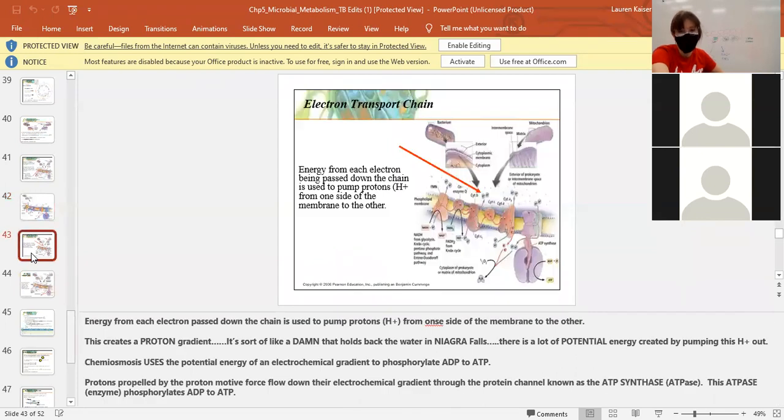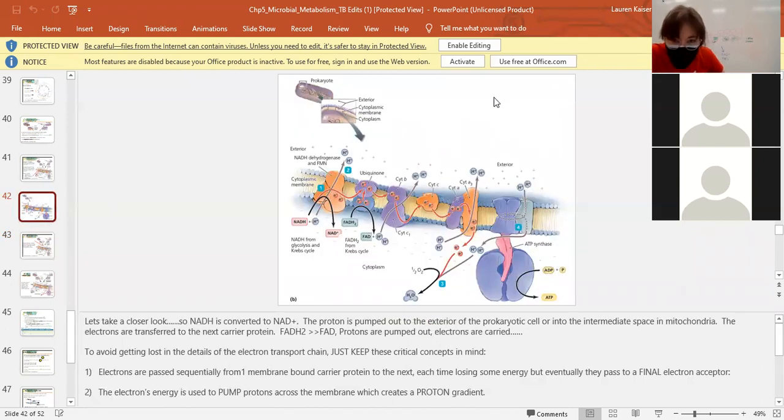Energy from each electron being passed down the chain is used to pump protons from one side of the membrane to the other. So all of a sudden, oh yes, this is also what makes the inside of our cells negative compared to the outside, which is positive, right?